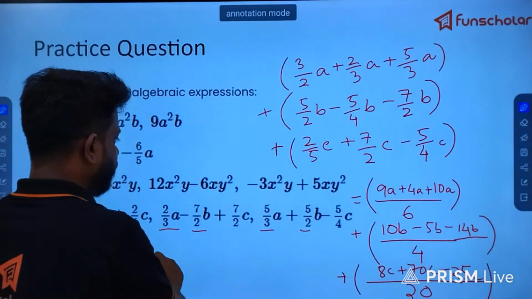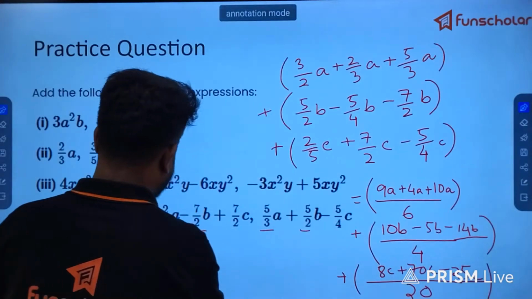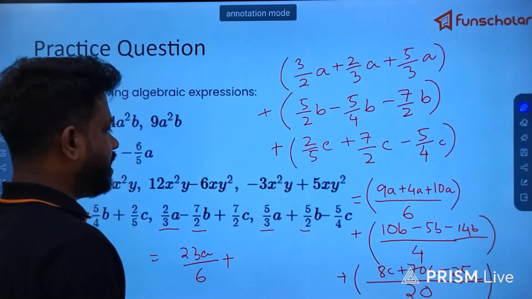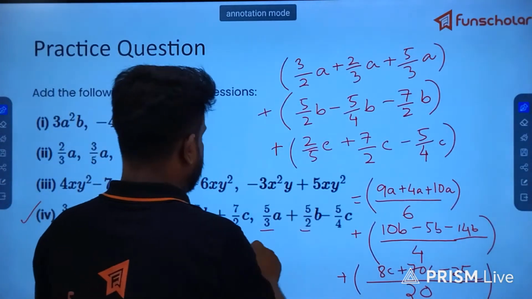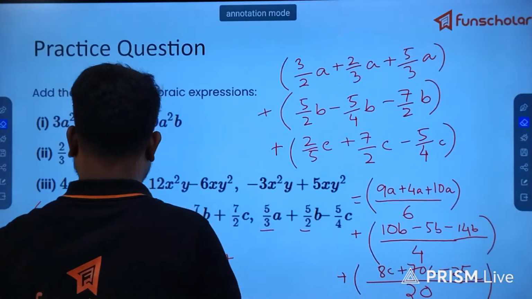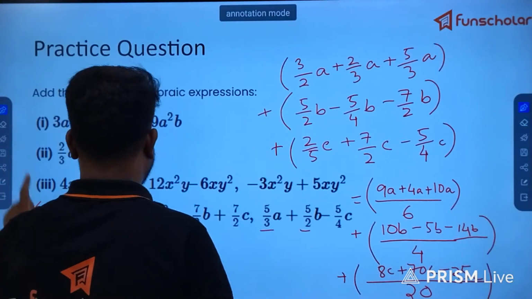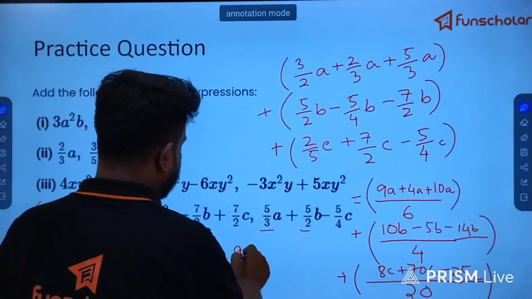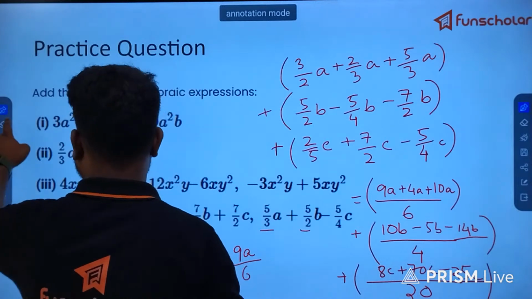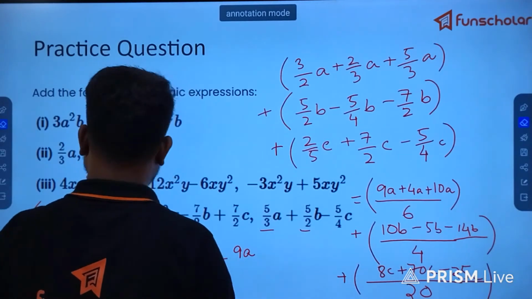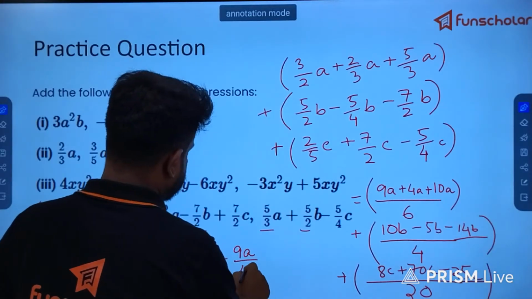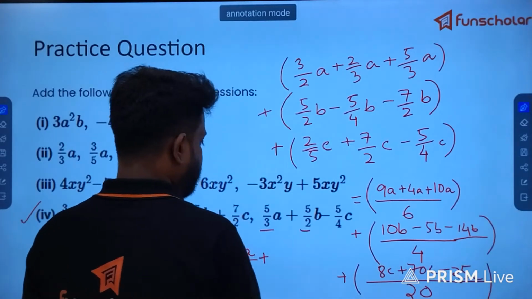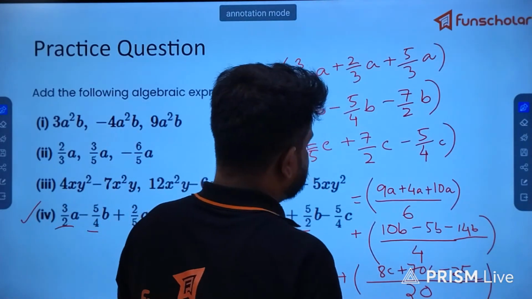So from the first we will be getting 10 plus 9, 19, 23a by 6, plus the next it will be minus 9. So if this one is minus, the answer will be minus 9a by 4. Okay, and the last will be 70 plus 8, 78.